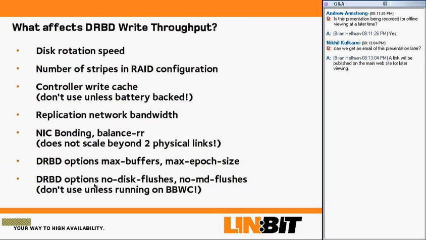For example, the options max buffers and max epoch size. Max buffers is a measure for the amount of memory that we allocate on the secondary for receiving replication traffic. And max epoch size is the maximum amount of data that we allow between 2 write barriers.